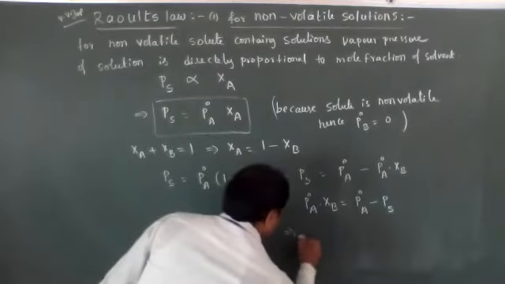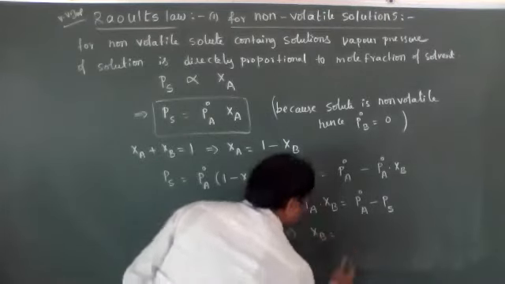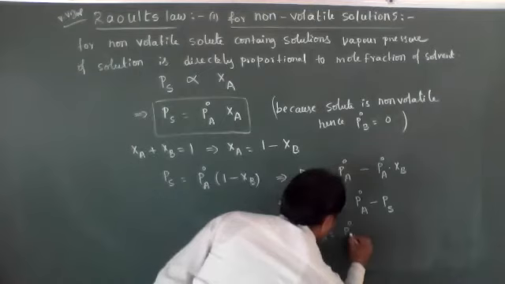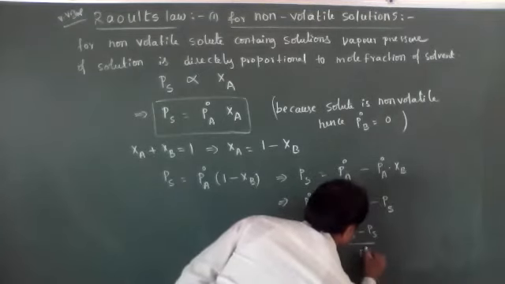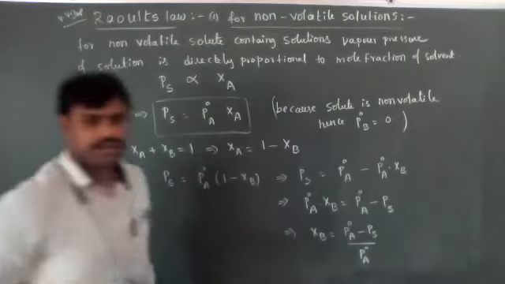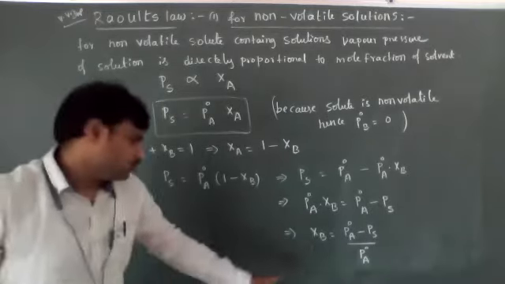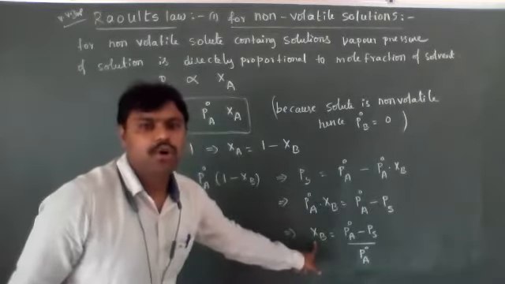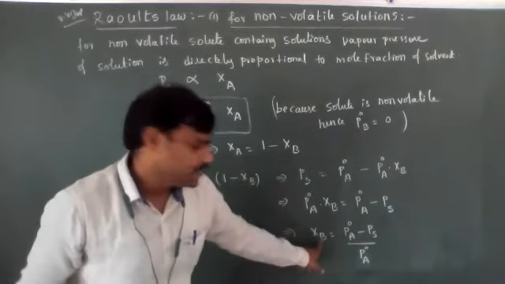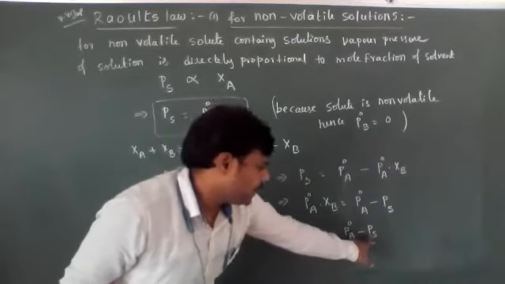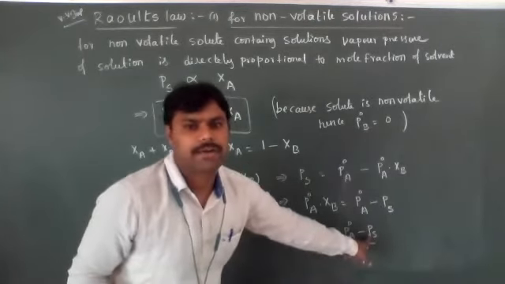Then XB is equal to P naught A minus PS by P naught A. So XB is nothing but the mole fraction of solute. So the mole fraction of solute is equal to P naught A minus PS, which is nothing but the lowering of vapor pressure.